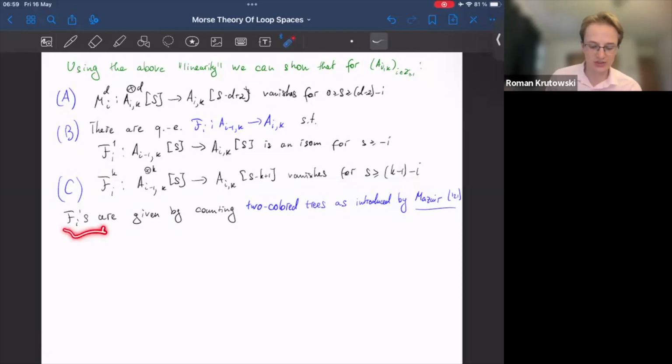So these functors can be given by counting so-called two-color trees, which were introduced in the work of Thibault Mazuir.